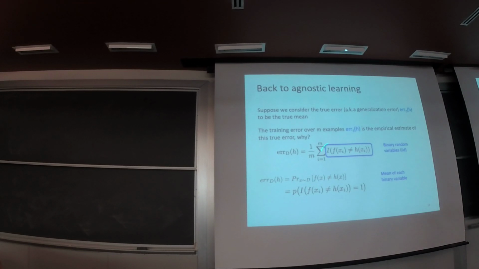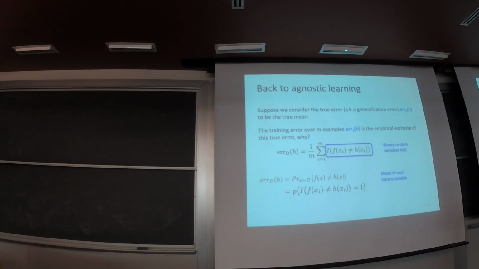Okay, and second, because all the training examples are sampled independently, all those random variables are independent. All those binary indicators are independent, right? So now we can say the training error is an average of a set of independent random variables, and the true error is the expectation of those random variables. So it's the right fit for the Hoeffding inequality.